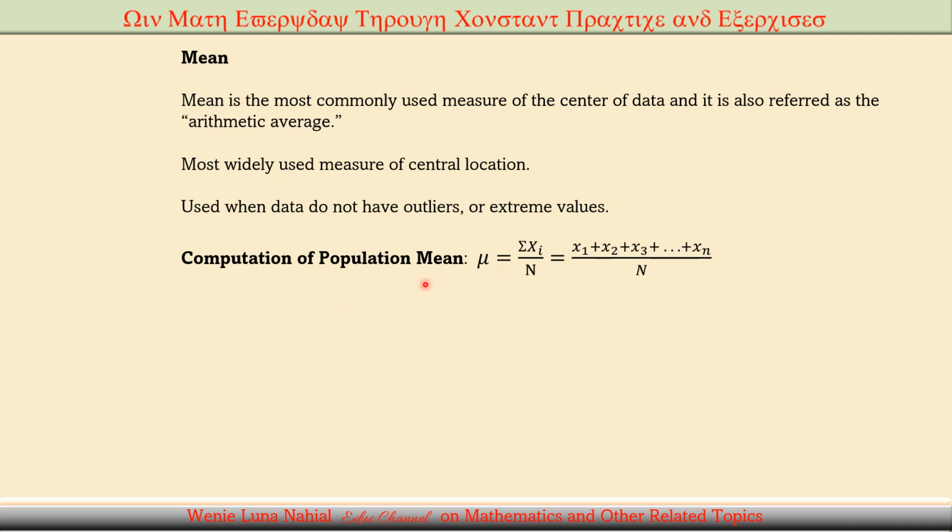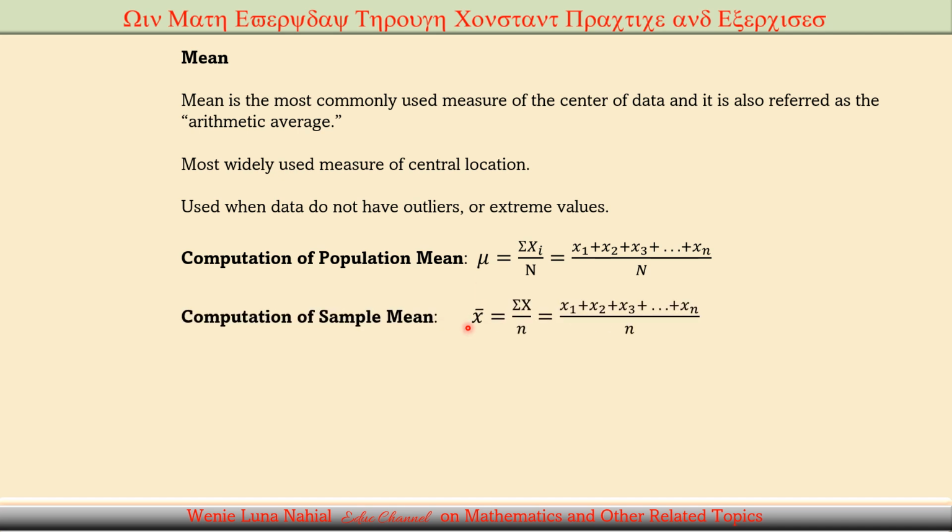For the computation of the population mean, you have this symbol mu. All you have to do is take the sum of the scores, then divide by the number of observations. Here, the mu symbol indicates that you're talking about the population mean.